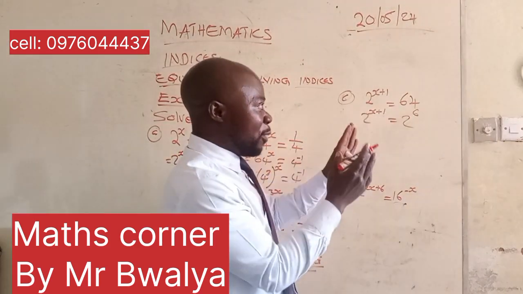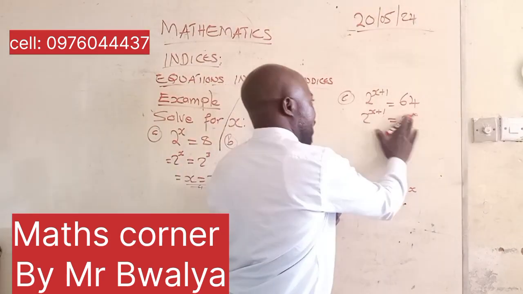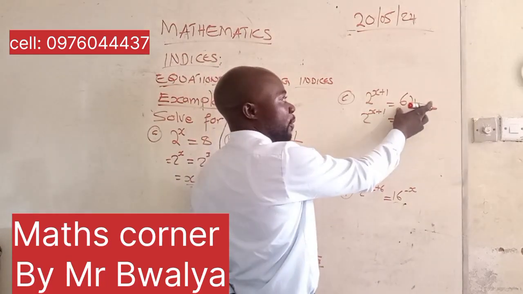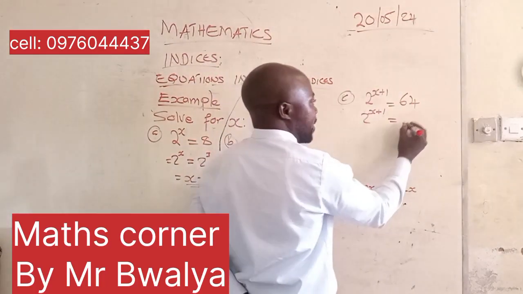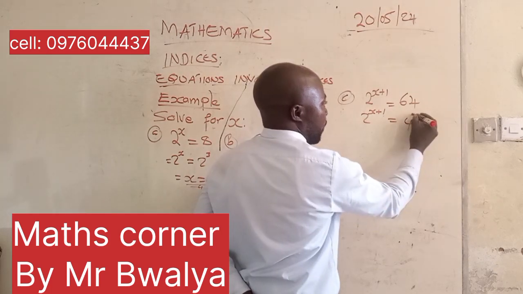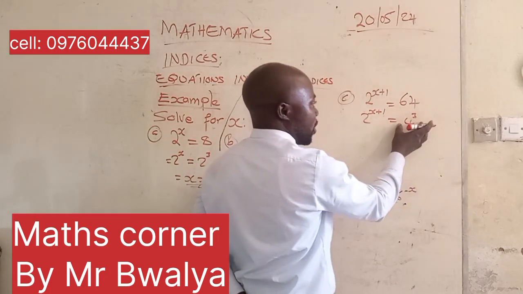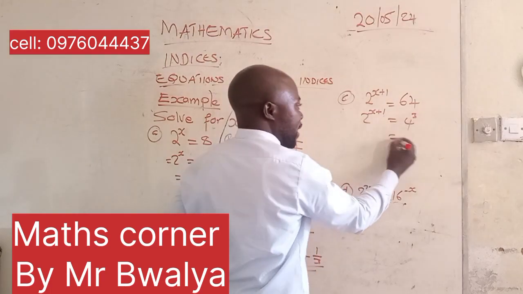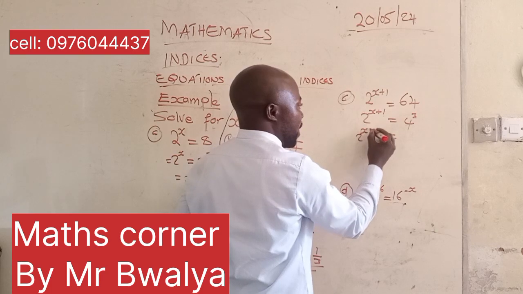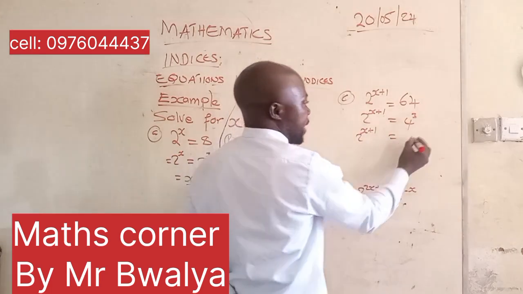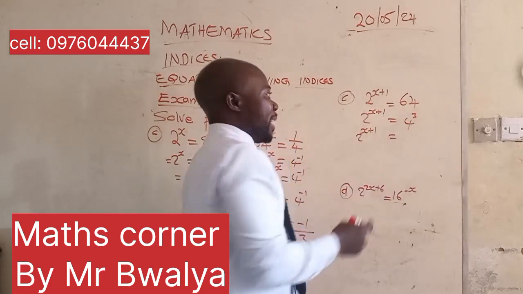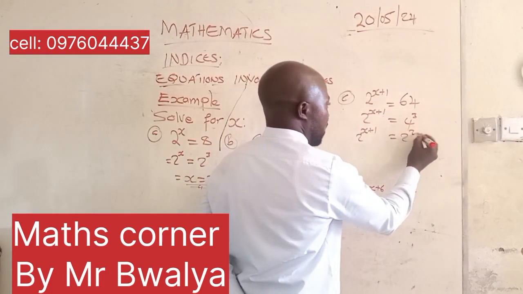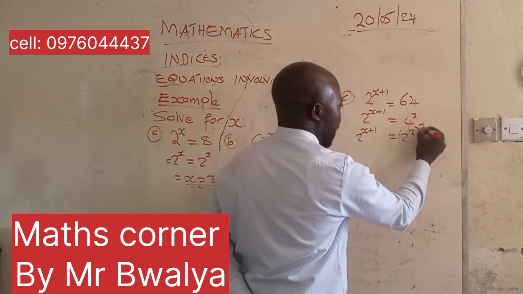So we say 2 to the power 6. In short, at this moment you can still break this down. We look for a number, 4, how many times? 3 times. So this 4 to the power 3, we can still break down the 4 itself. 2 to the power x plus 1 is equal to, when you break down 4, it will be 2 to the power 2, in brackets, to the power 3.